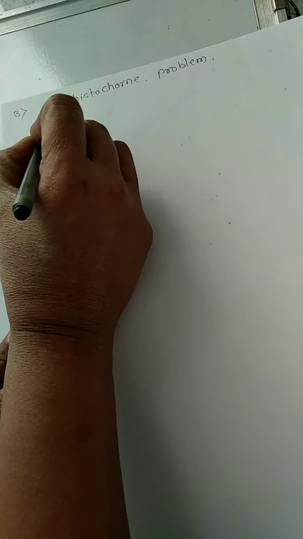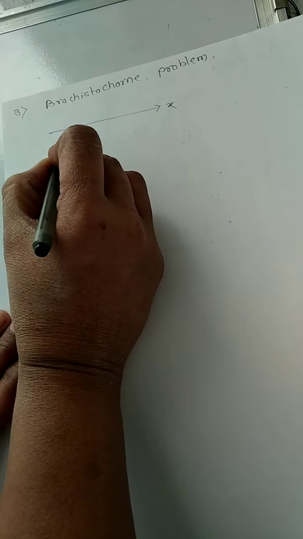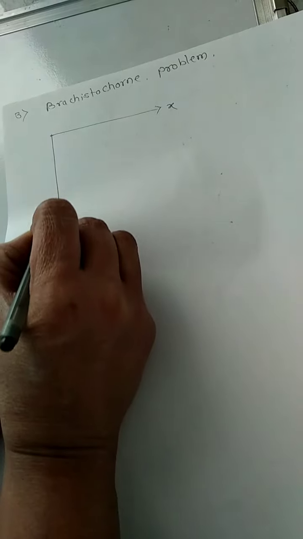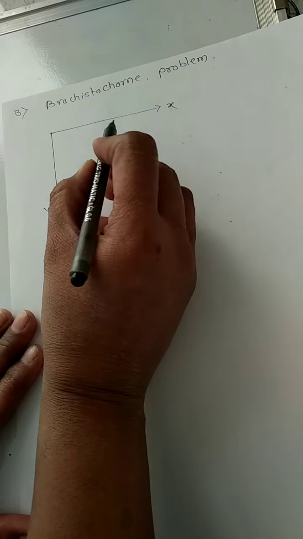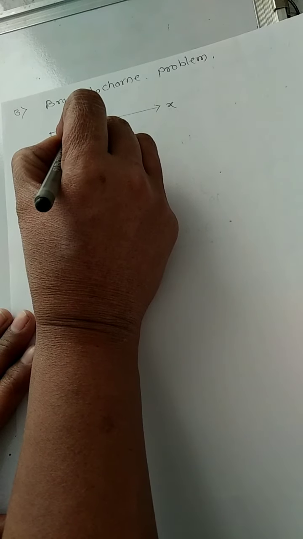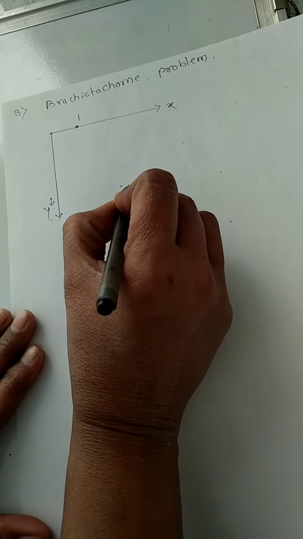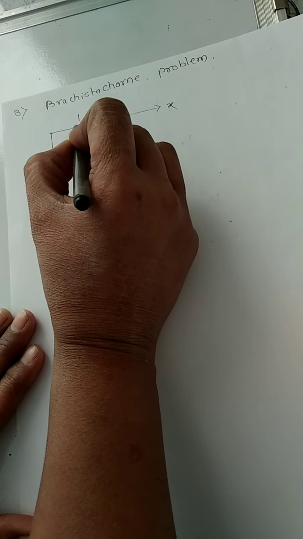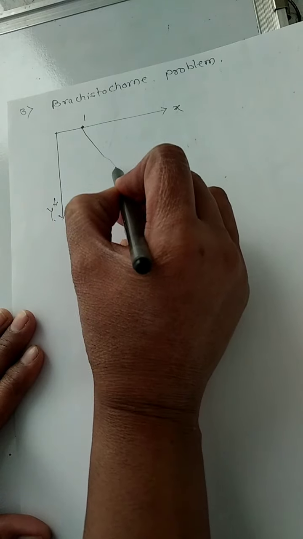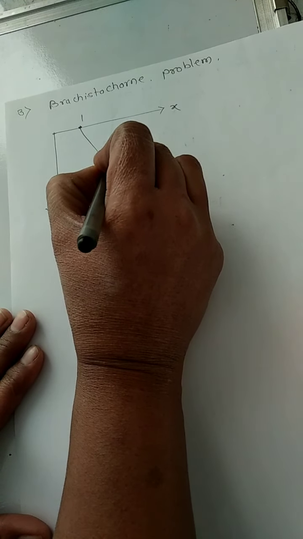We draw the diagram: this is the x-axis, this is the y-axis, and these are two points, point 1 and point 2, with a line passing through them, and the velocity is v.